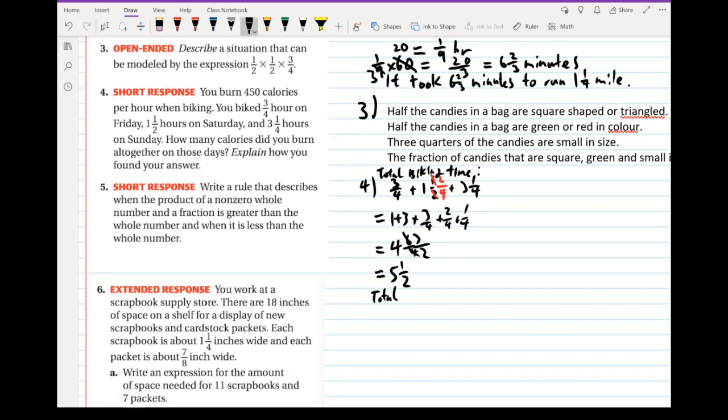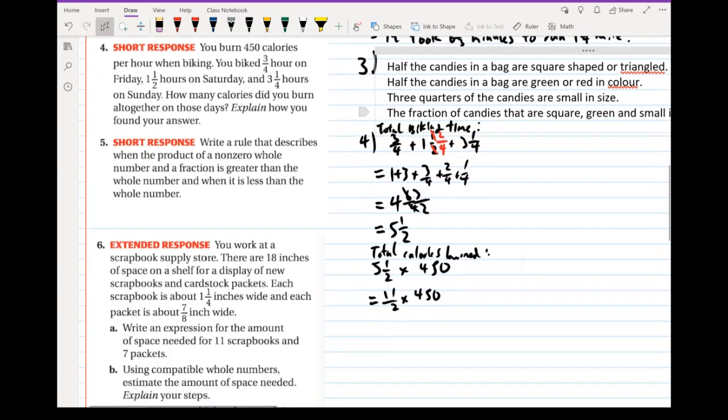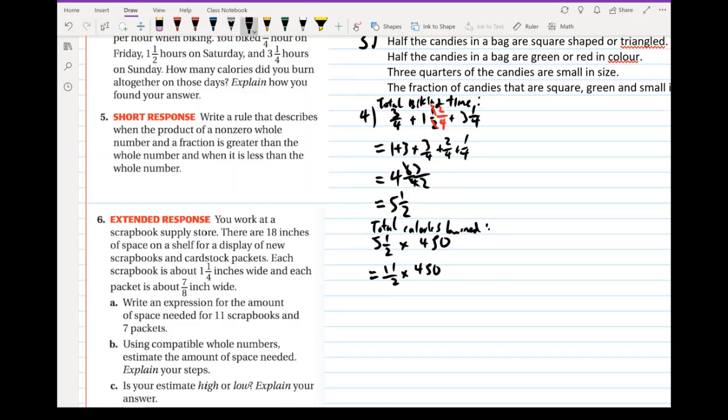So total calories burned will be 5.5 multiplied by 450 calories per hour. When we multiply, we have to change that into a mixed number. So that will be 11/2 multiplied by 450. And 450 divided by 2, they can both be divided. That's going to be 225.